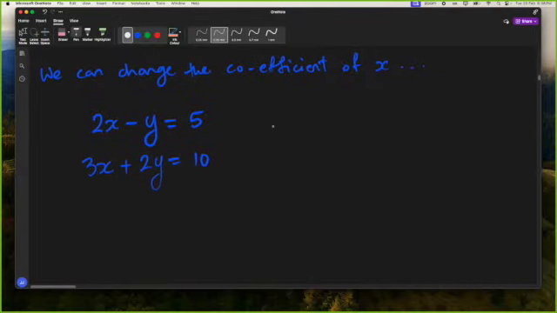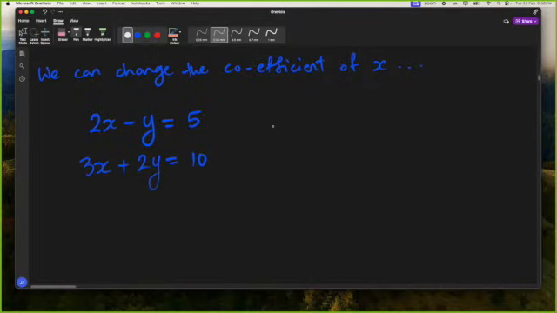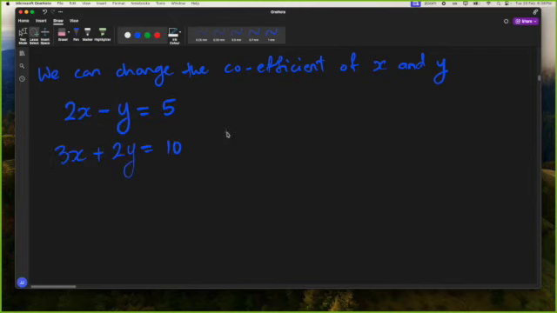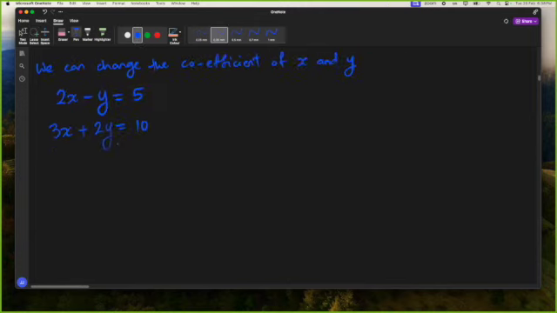Right. So we can change the coefficient, not just of x, but of y. So we could change the coefficient of x and y, because if you look at this equation here, you could see that in this equation, we don't have any of the coefficients that are the same.